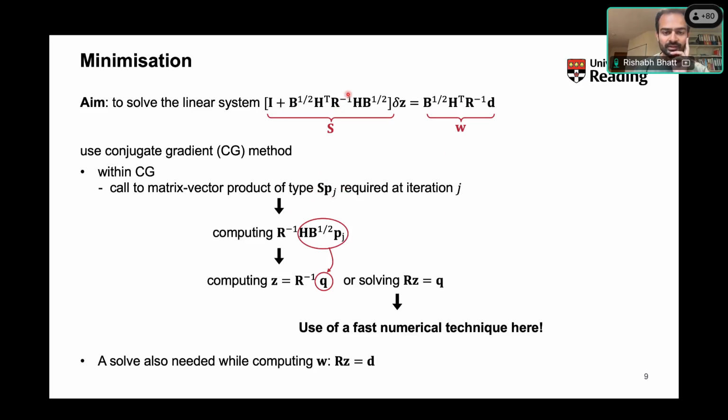And as you see, S is this big looking composition of matrices.